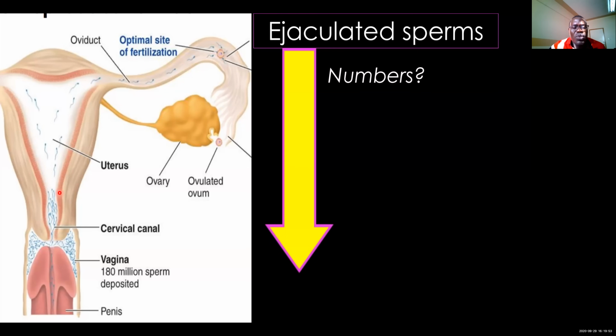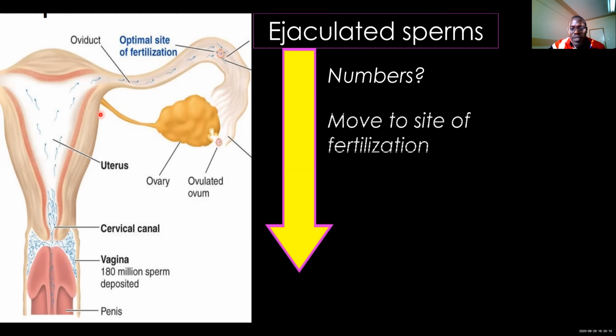All right, so this 1% that goes actually up the uterus and fallopian tube, what happens to them? As they travel through the uterus and fallopian tube, these sperms undergo the last step of spermatogenesis.